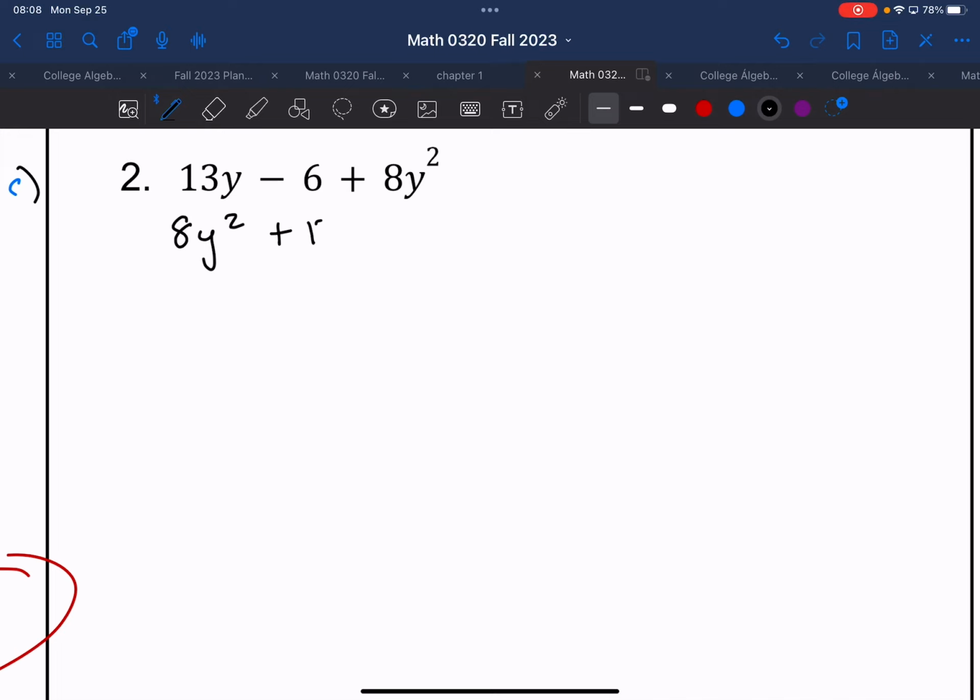So plus 13y, because that 13y is positive, and then minus 6. Perfect. So now this is in the correct order. Is there a GCF that we can take from 8, 13, and -6? Nope. So we are just going to do all our factors of A and then all our factors of C.